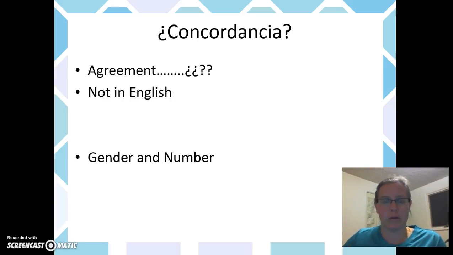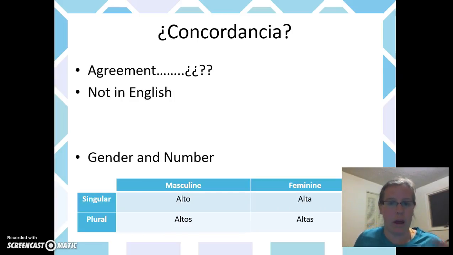So if I say the house, it is neither masculine nor feminine, right? It just is. It's a neutral gender. But in Spanish, that's not the case. So what we're going to find is that when we describe these words, for example, the house, la casa, we have to make sure that our adjective, our describing word, matches in gender and in number.